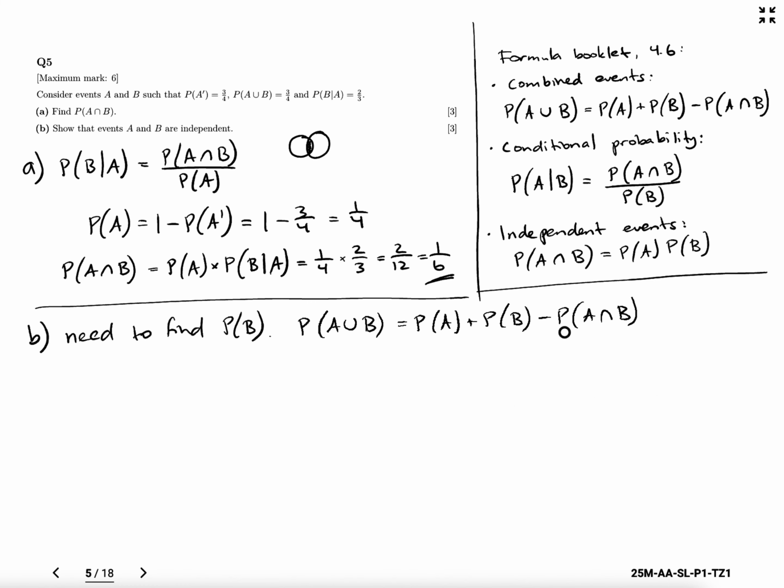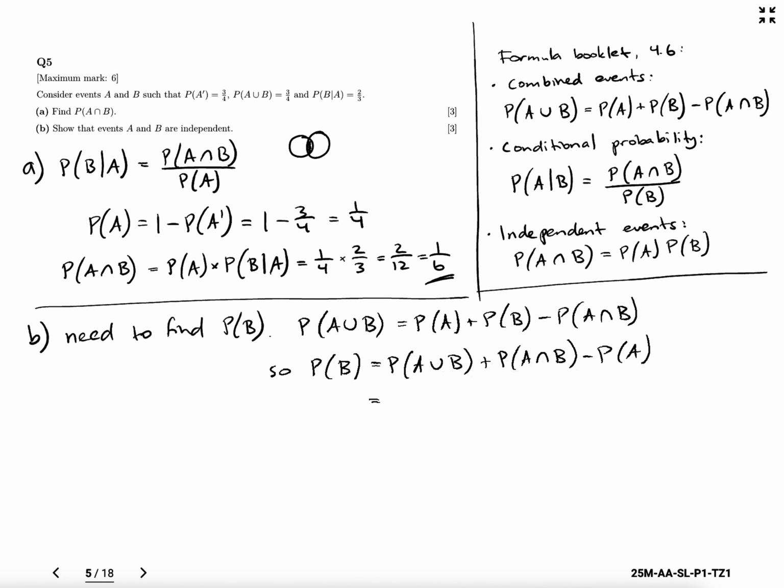We know this and we know this, and now we can use all of that to calculate P of B, probability of B. So we're going to rearrange this plus this minus this.